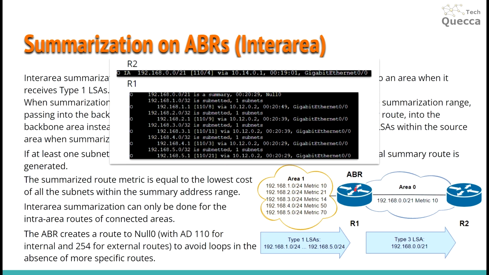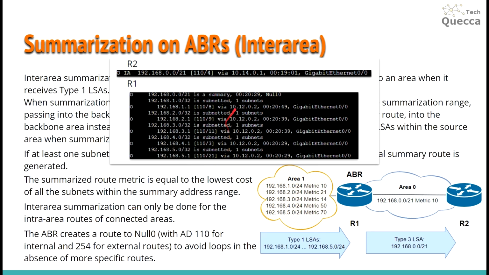And then it's going to create a loop. But when OSPF creates this route entry to the null interface, when R2 sends a packet to R1 for a subnet, let's say 192.168.6.1, and it's not listed here, then it will be sent to the next longest match, which is 192.168.0.0 with mask 21, and this is a null interface, and R1 drops it.